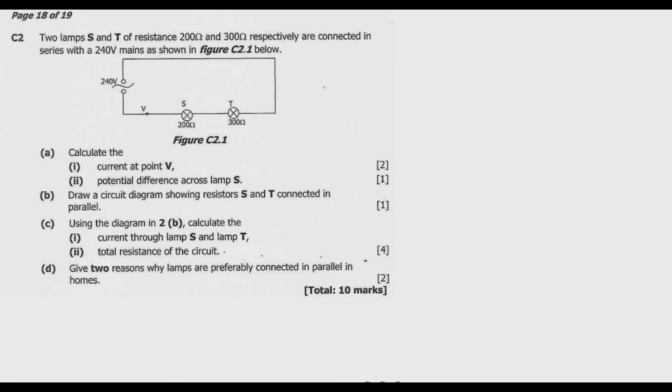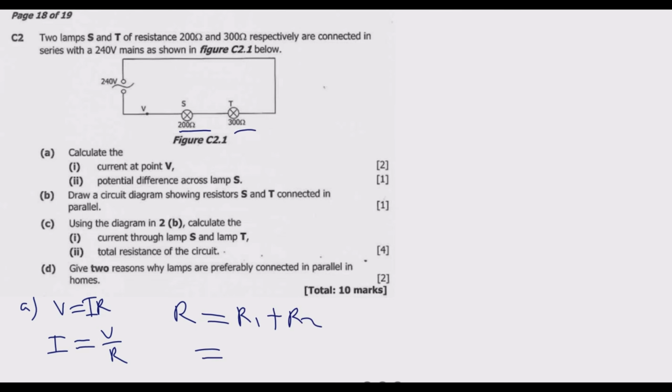So what we need to know is that in a series circuit, the current in that circuit is the same everywhere. From the fact that voltage is equal to resistance times current, to find the current we divide the voltage by the resistance. In a series circuit, the total resistance is the summation of the individual resistors, so it is R1 plus R2, which is different from parallel.